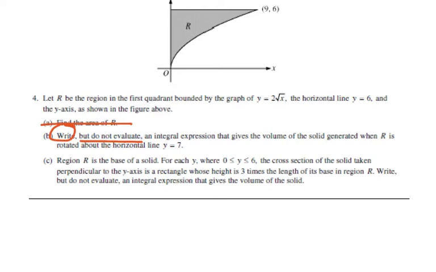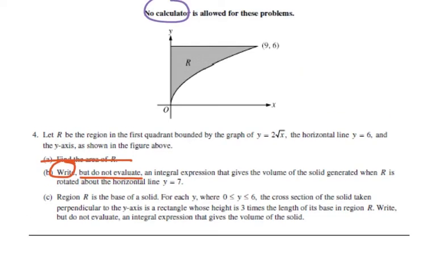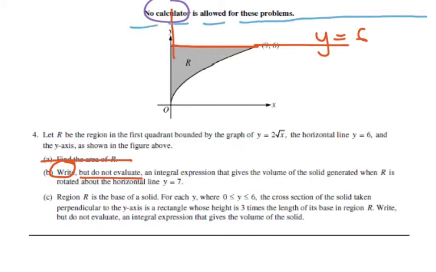It asks for an integral expression that gives the volume when R is rotated about the horizontal line y equals 7. If you look over here, this line is y equals 6. So when I say y equals 7, this is your rotation.